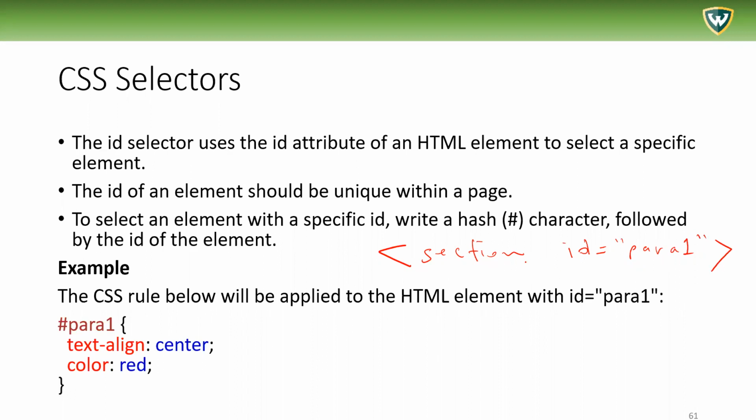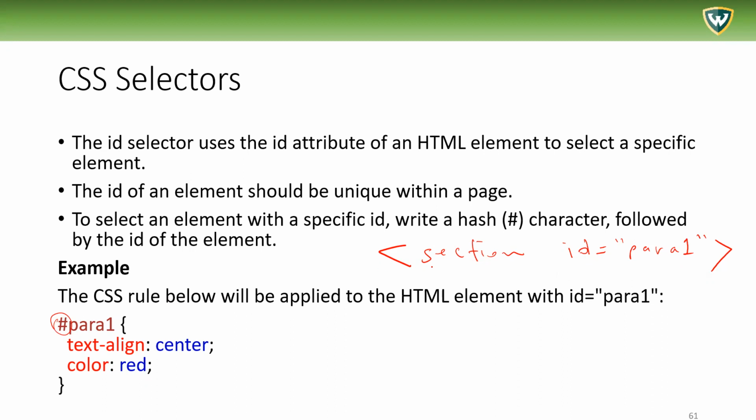So if we want to modify just this section here, the section of para 1 or section 1 or whatever it's called, we need to add this hashtag symbol in the CSS rule set to modify only the section with this ID.